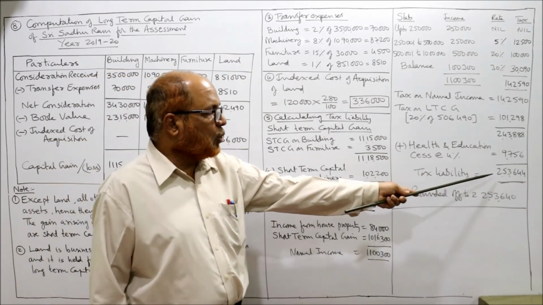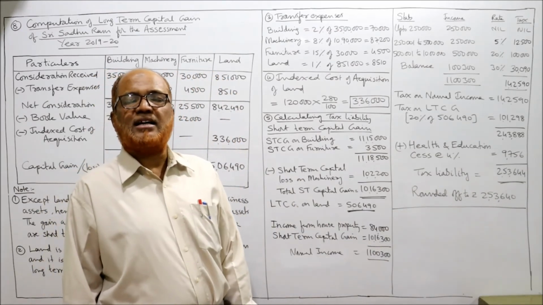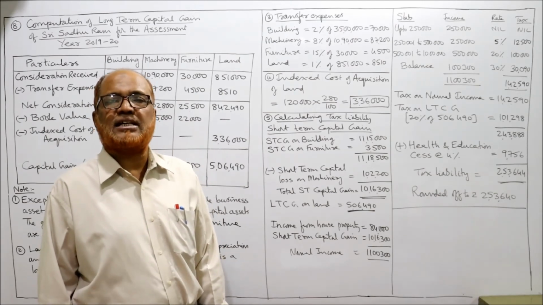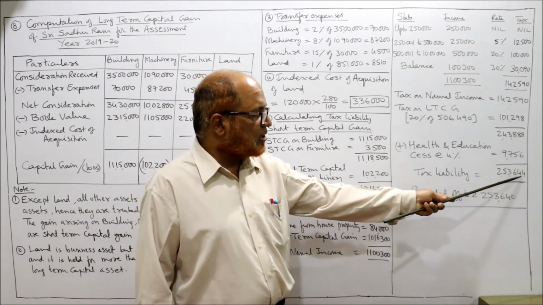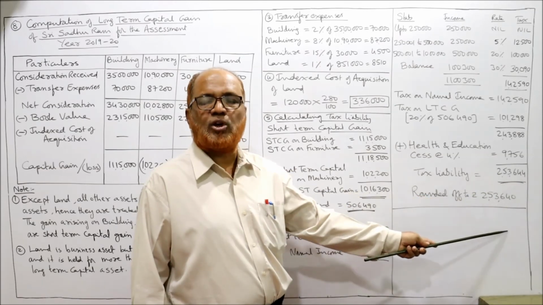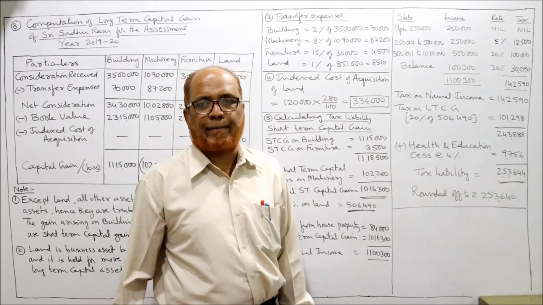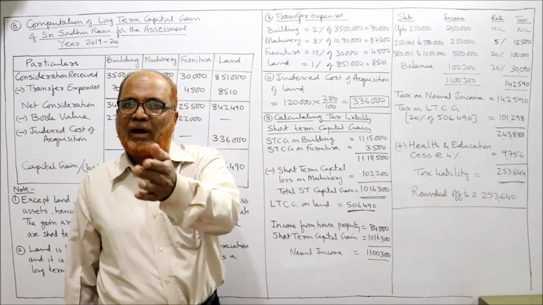Now add up, 2,53,644. According to the provisions of the IT Act, the total tax should be rounded off to the nearest 10. Here the last digits, what you are seeing, are 44. So 44 means rounded off to 40 rupees. If it is 45 or more than 45, we would have taken 50.